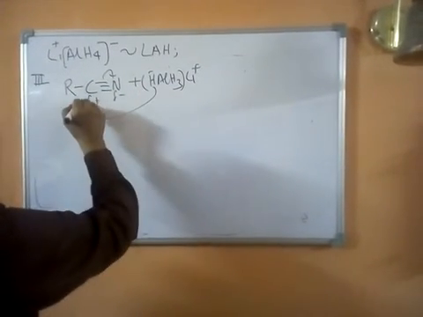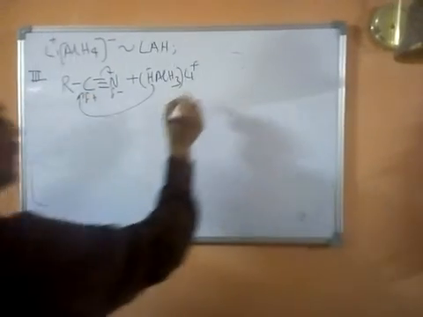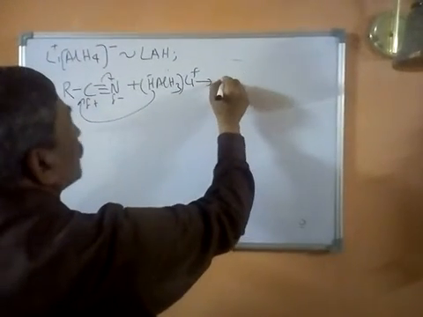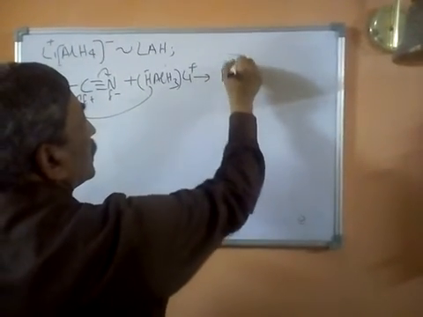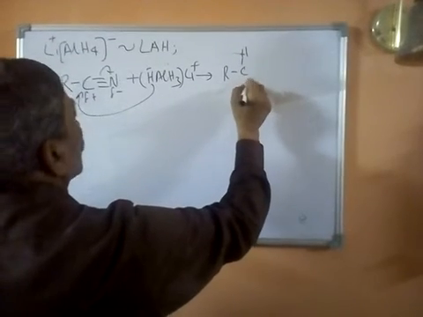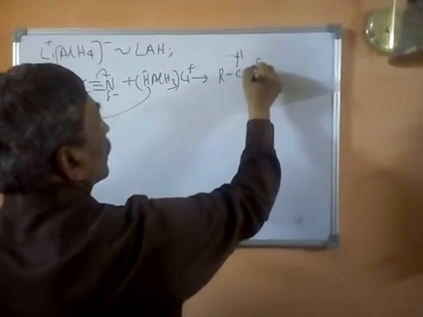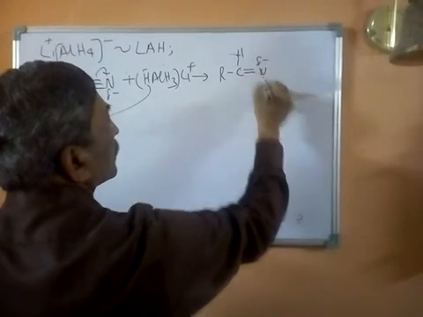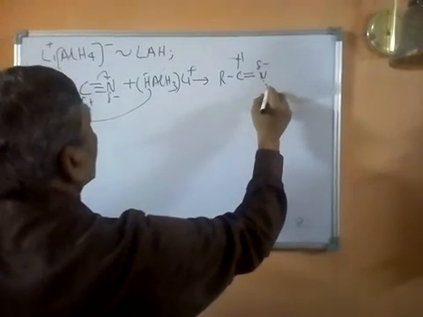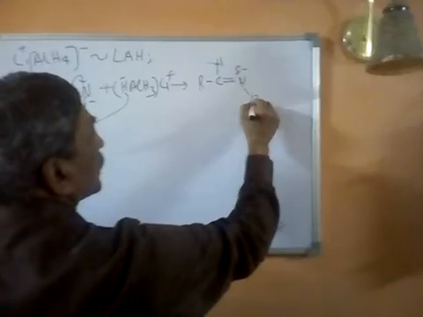This H minus hydride attacks this carbon, resulting in an intermediate RCH=N delta minus, and this is then stabilized by the Lewis base-Lewis acid interaction.